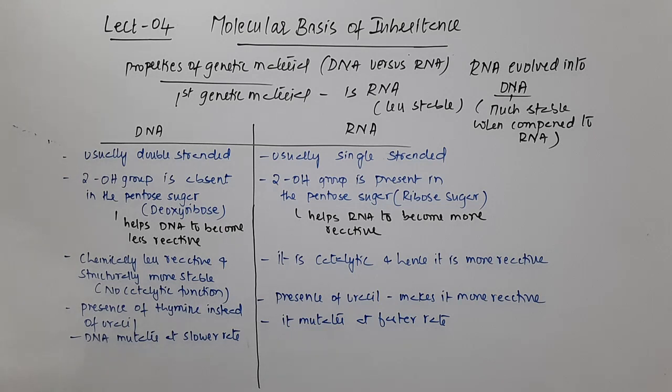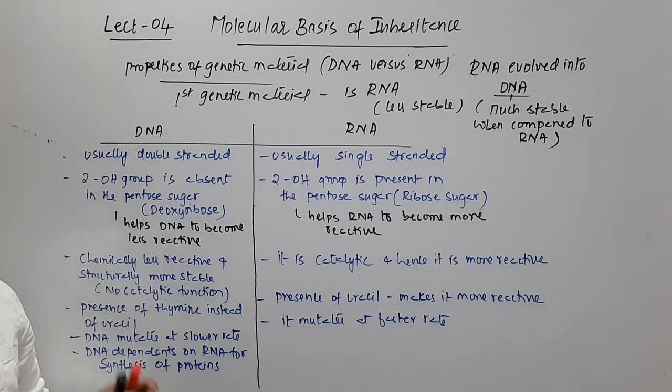Then the DNA depends on RNA for synthesis of proteins. How it is going to depend on RNA for synthesis of proteins, I will be discussing at the right point, where I'll be discussing transcription and translation.